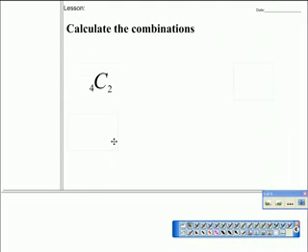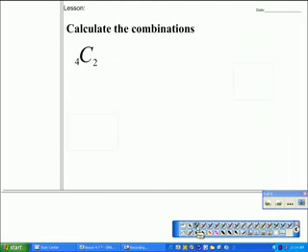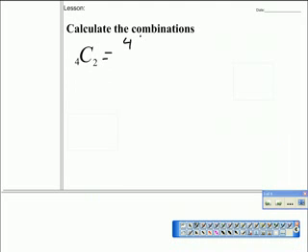We're going to do a combination of 4 choose 2, or 4 taken 2 at a time is how it should be phrased. Just applying the strict formula, it would be 4 factorial over 4 minus 2 factorial times 2 factorial. I chose these numbers on purpose because they're small and easy to calculate.